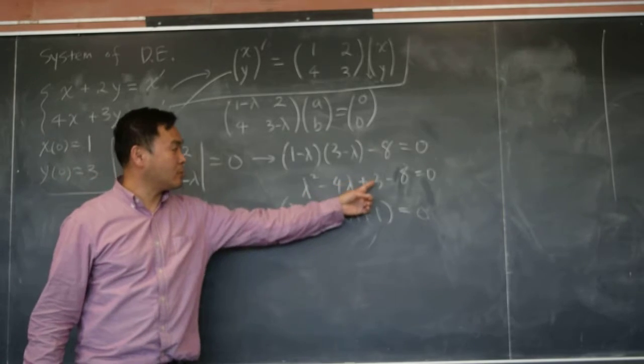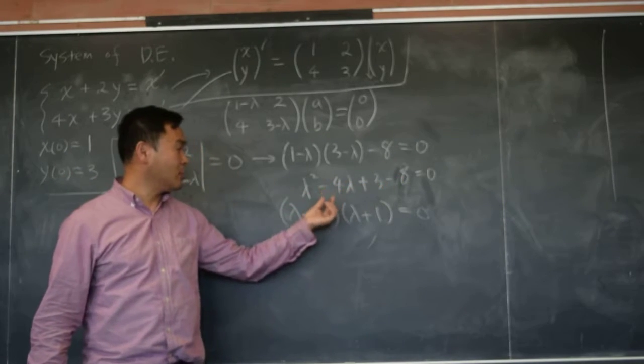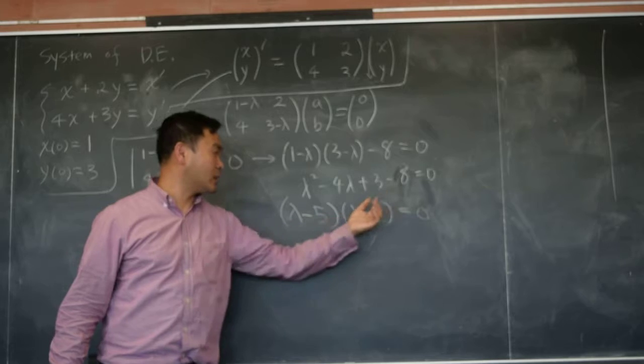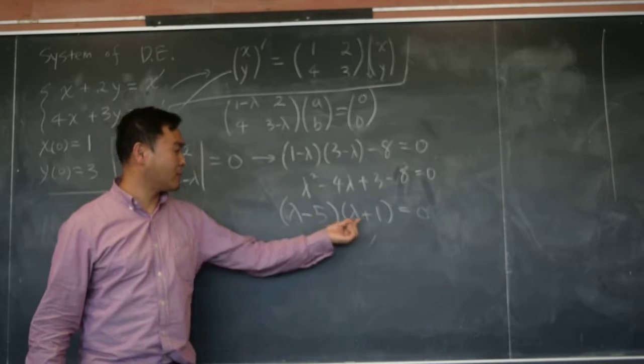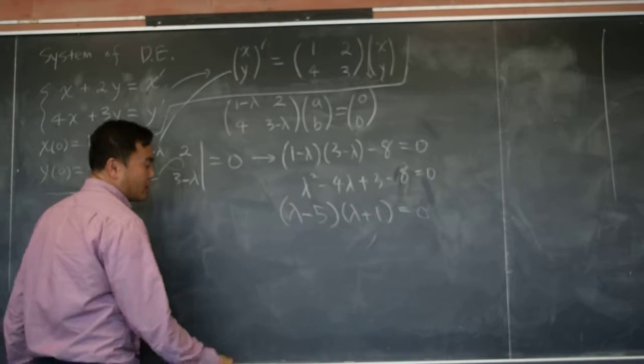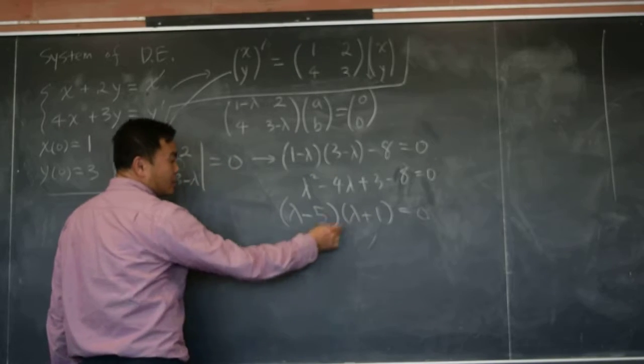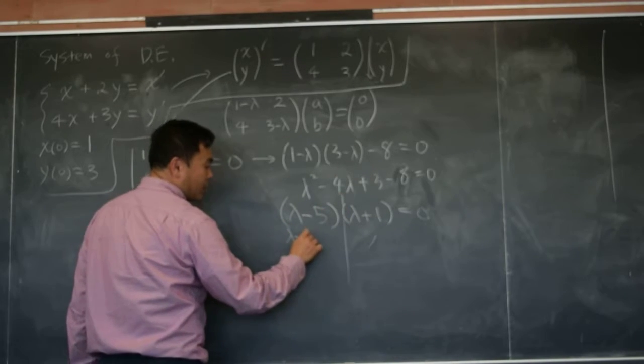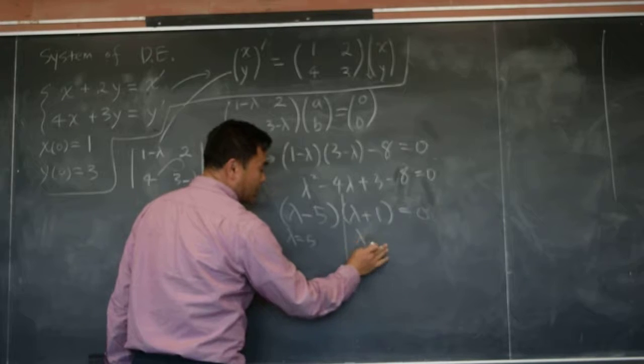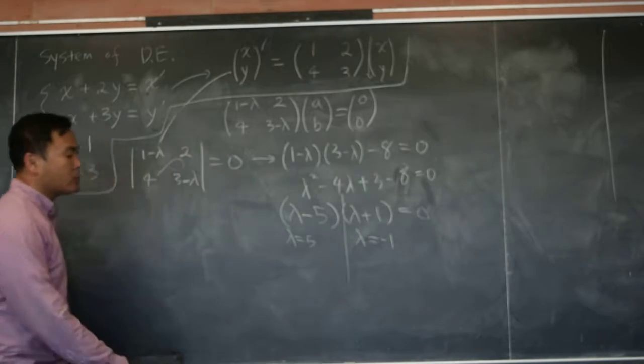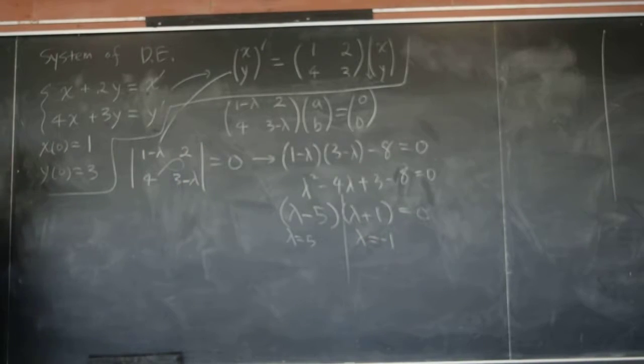You can see that the 3 minus 8 is negative 5, and the two numbers that multiply to negative 5 and add to negative 4 are negative 5 and 1. And if you solve this, you get lambda equal to 5, and you get lambda equal to negative 1. Okay. So we found the two eigenvalues.